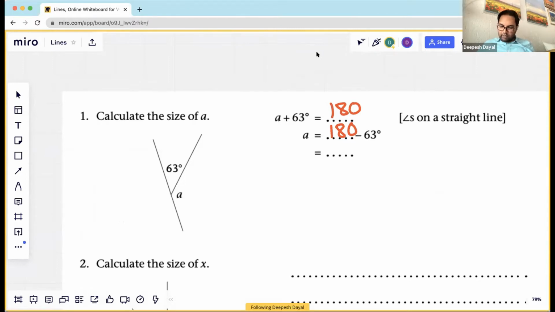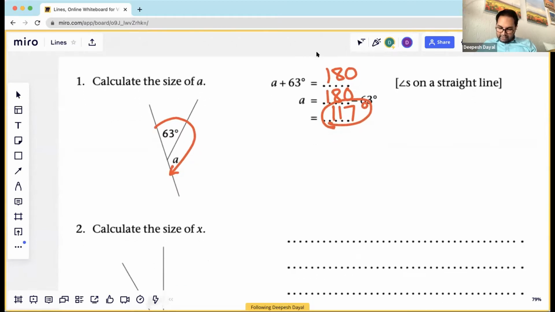It is 117. Would be the missing angle here, right? Okay, is that okay, everybody? 117 degrees, because these two added together, they are angles on a straight line.